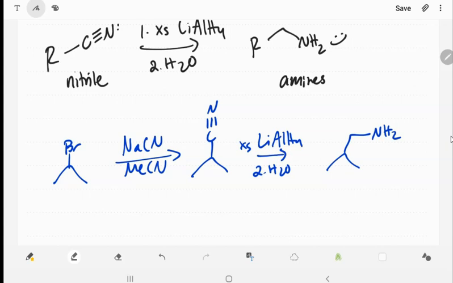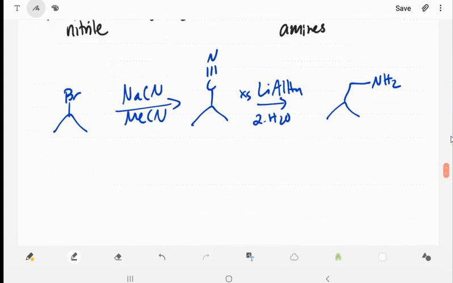Alrighty, let's take a look at why we can't just do this directly. If we just put this with ammonia, unfortunately, we're not going to end up with a regular amine.